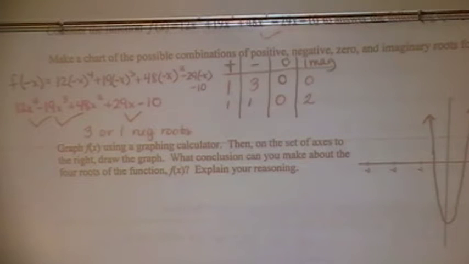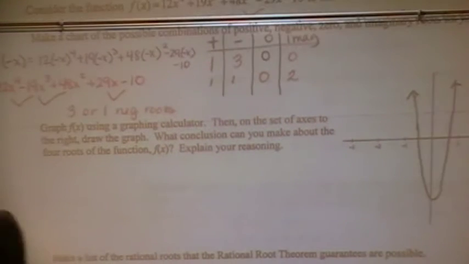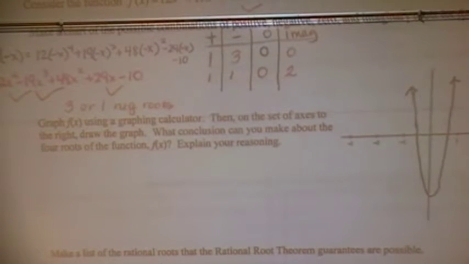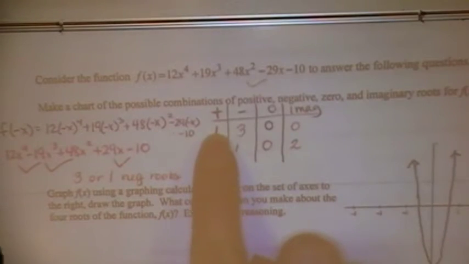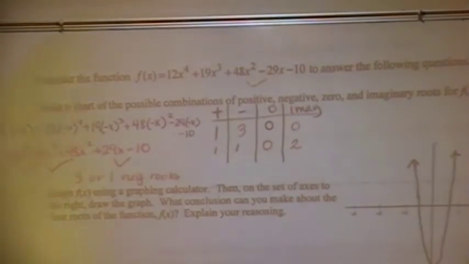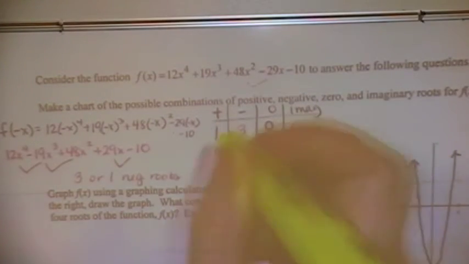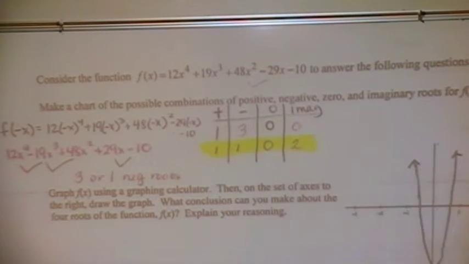It's not really in the window all that great, but I can clearly see it only crosses, and it goes straight through twice. So it looks kind of like that. What conclusion can I make about the four roots? Of my possibilities up here, it looks like it's this last one. I have one positive, one negative, and two imaginaries.